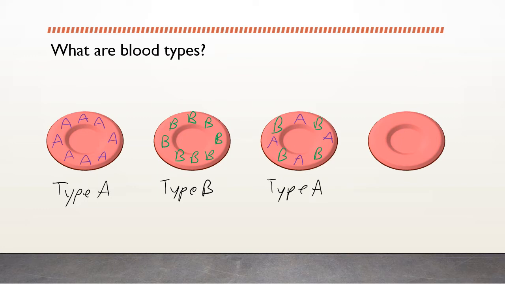Type AB, because it has both A and B. But what do we do with this last cell that doesn't have either glycoprotein? Well, we notice that it has 0 glycoproteins on it, and the English letter O looks a lot like the number 0. So we call this type O. Clever? Well, maybe, maybe not, but that's how it works.